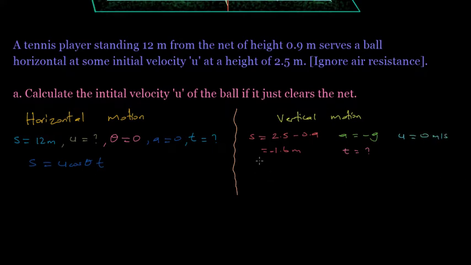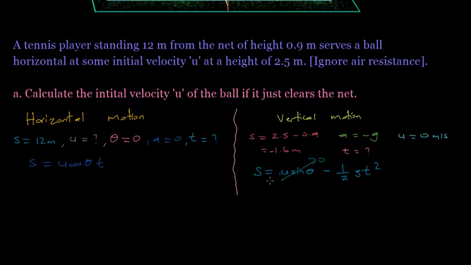So for the vertical motion, we can write that S is equal to u sine theta minus a half g t squared. Now, because our initial vertical velocity is 0 meters per second, this entire term goes to 0.